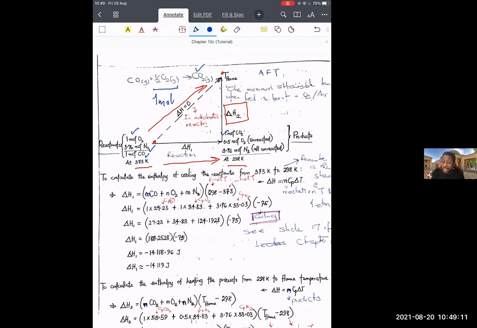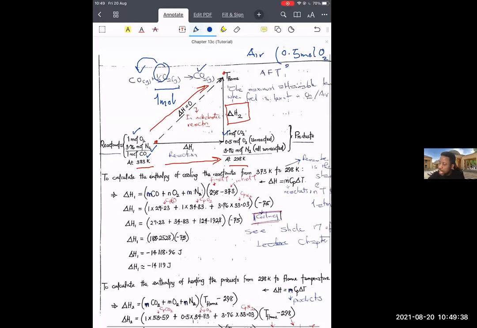But if it's 1 mole that came in and it is half a mole that was required to combust 1 mole of CO, it means that in the air that is going out, we'll still have 0.5 mole of oxygen left. And since nitrogen is not participating in the combustion, we'll still have 3.76 mole of nitrogen unreacted.